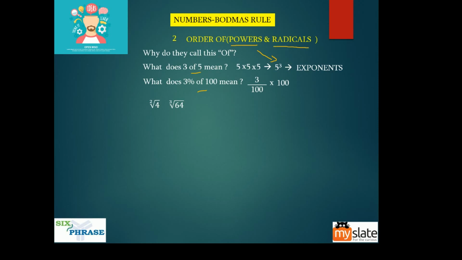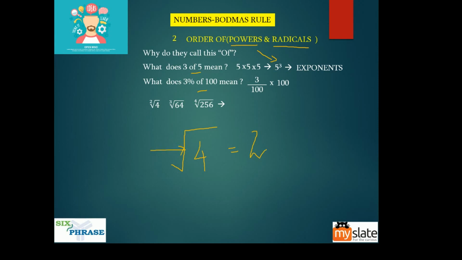Okay guys, when I say this, I want you to answer. When I do this, you will say the answer is 2, right? Now what do you call this symbol?